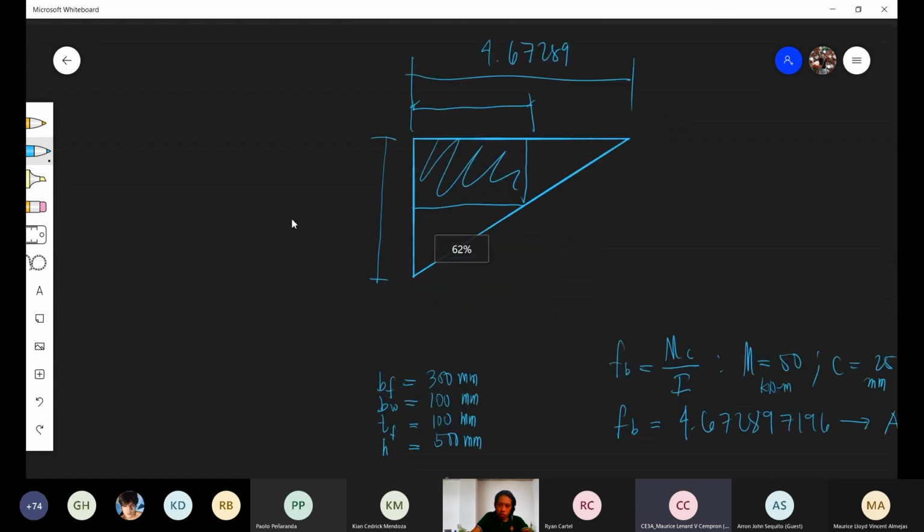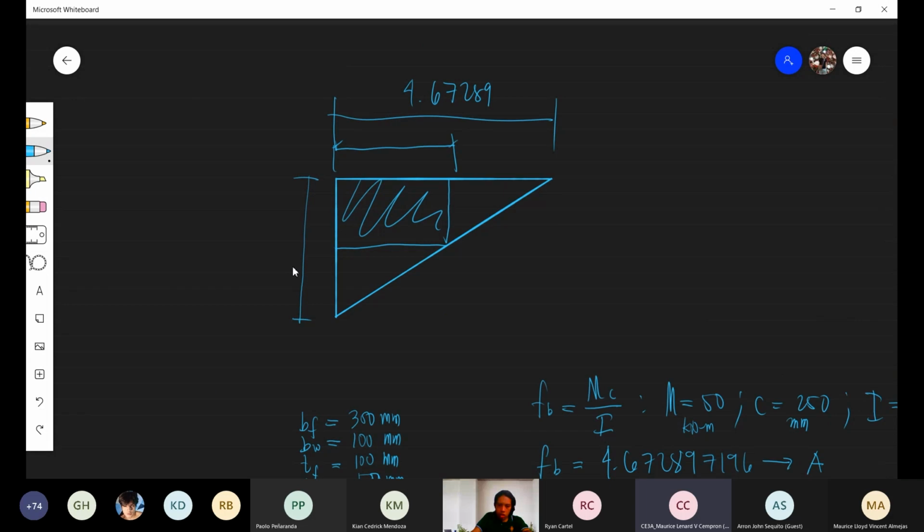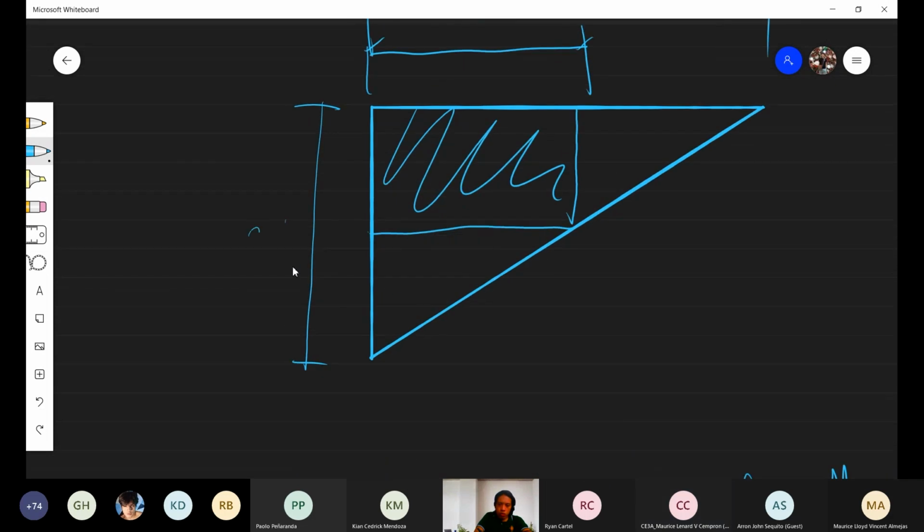Balik na kita. Pero yung distance, this is 250, tapos ang thickness and plunge is 100. This is 250, tapos ini naman, this is 100.